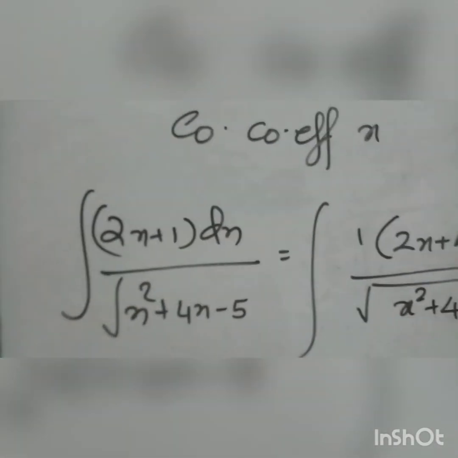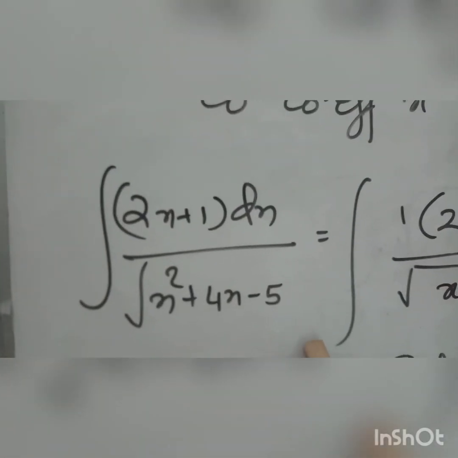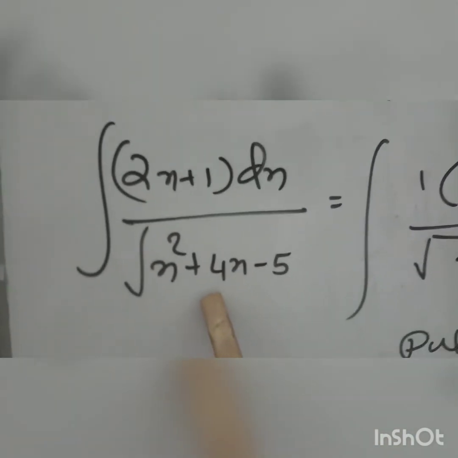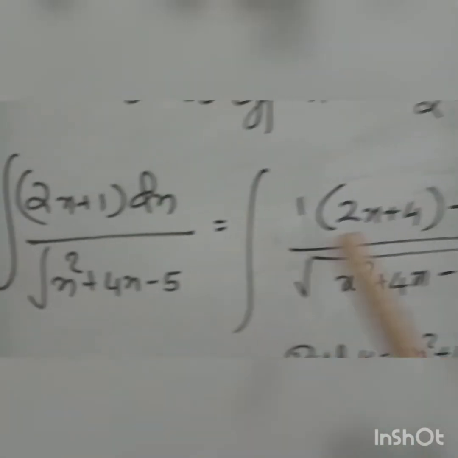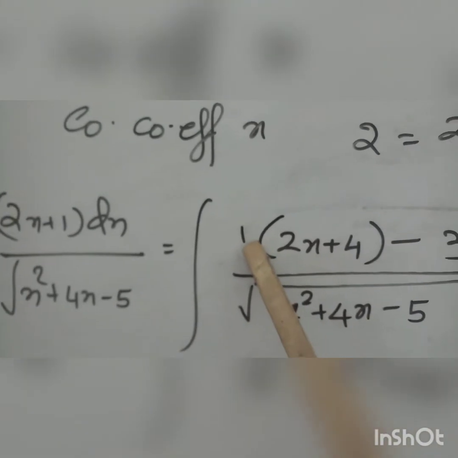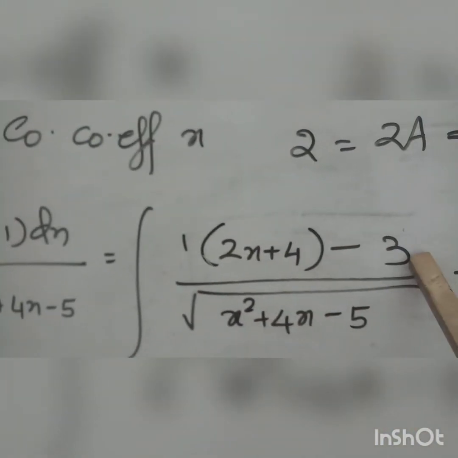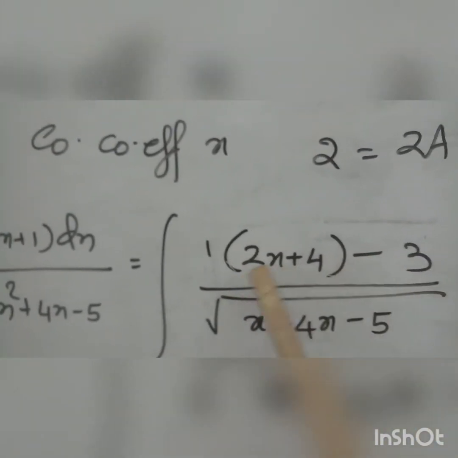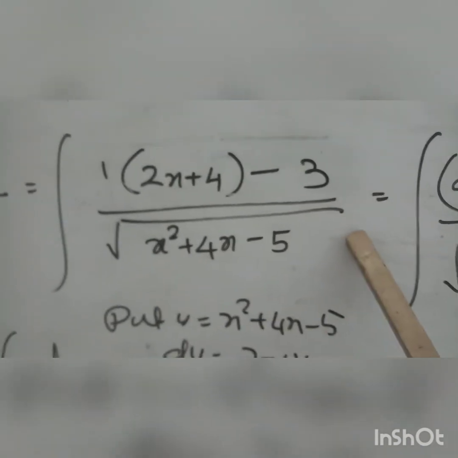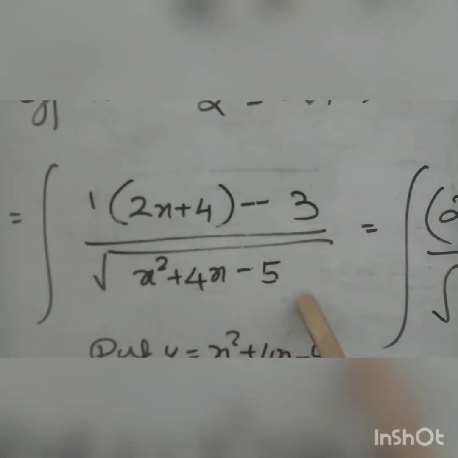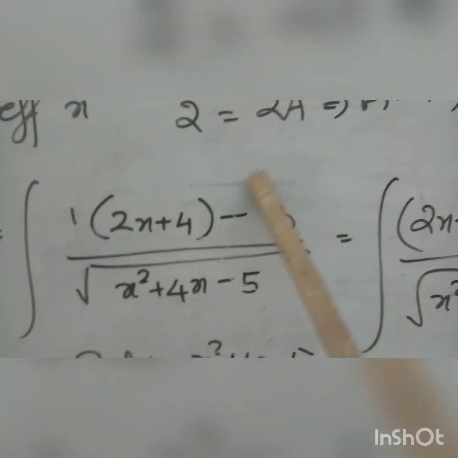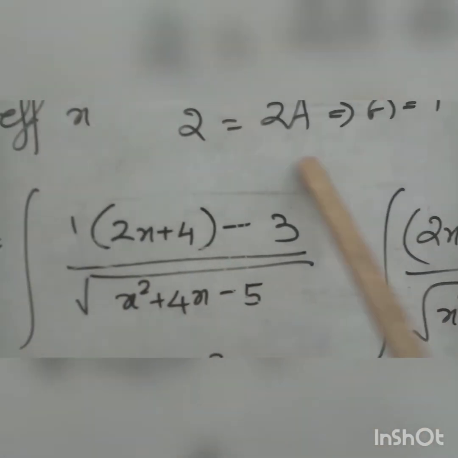So let us convert the given problem, (2x + 1) dx divided by the root of x² + 4x − 5, as the constant a, 1 into (2x + 4) minus 3. Actually this expression is the same as the previous one, 2x + 1. So similar to our previous problem, you split this one, the first part and the second part also.